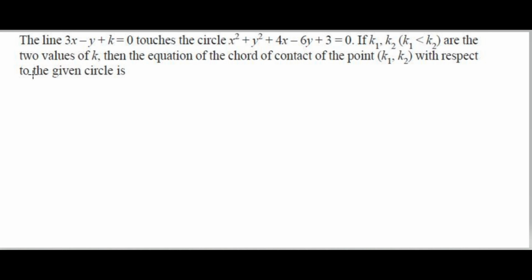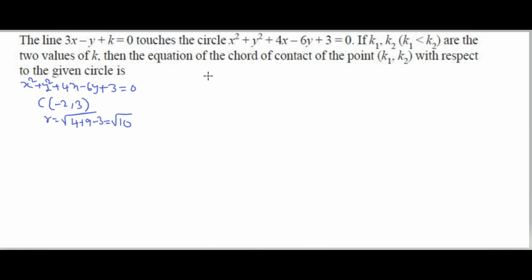Here the given circle equation is x² + y² + 4x − 6y + 3 = 0. The center of the circle is (−2, 3), and the radius of the circle is the square root of 4 + 9 − 3, that is root 10.